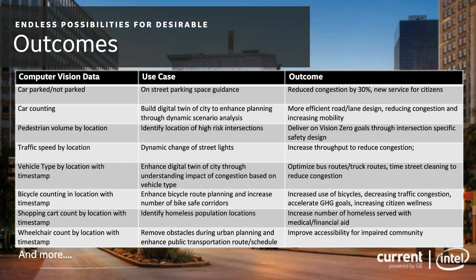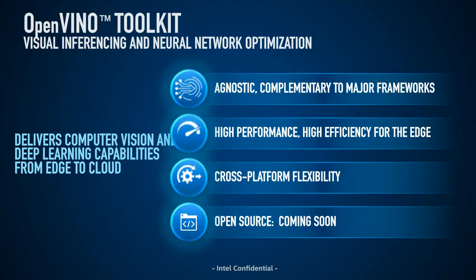Basically, the OpenVINO toolkit, if we go back to that slide, just to hit on that quickly, is a very powerful access network to the deep learning tools that come from the edge device.